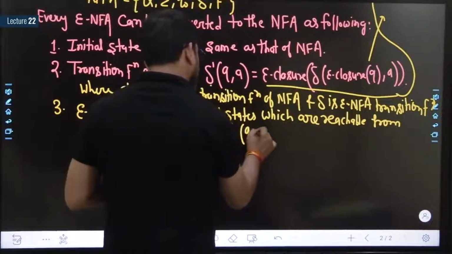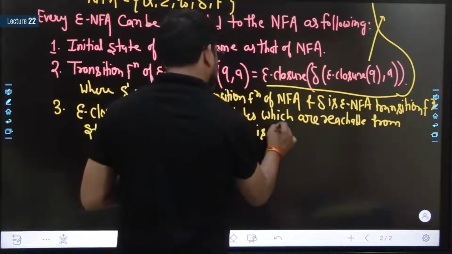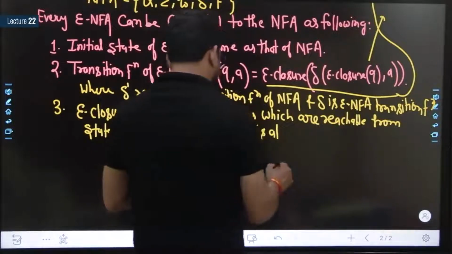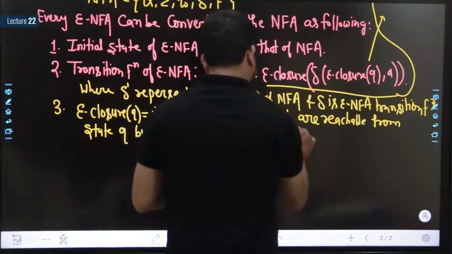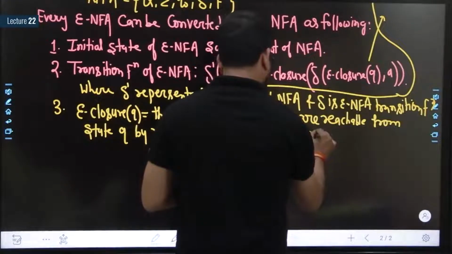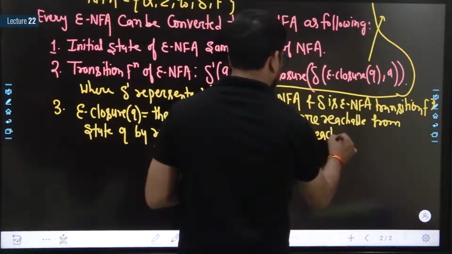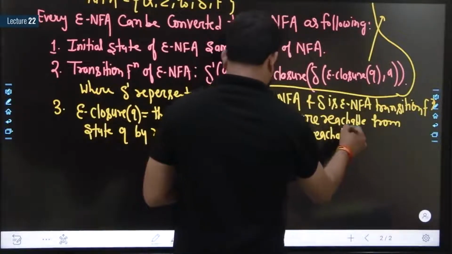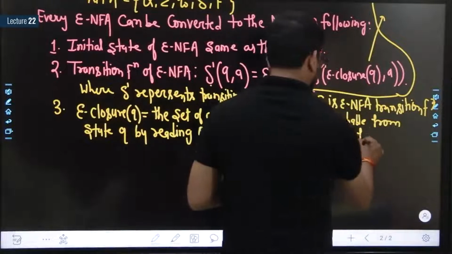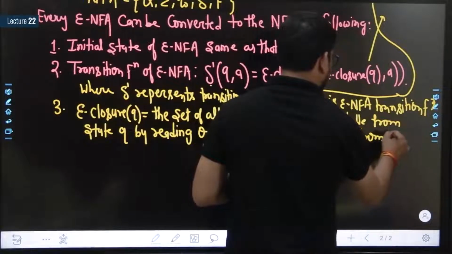Note, Q is always present in the epsilon closure. Q is always reachable from Q.